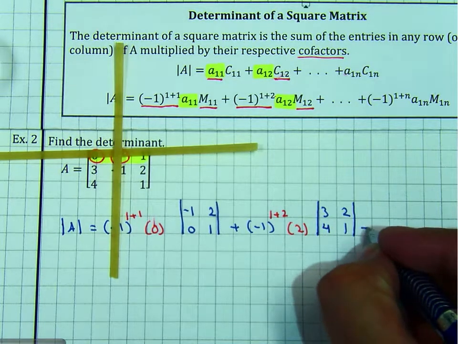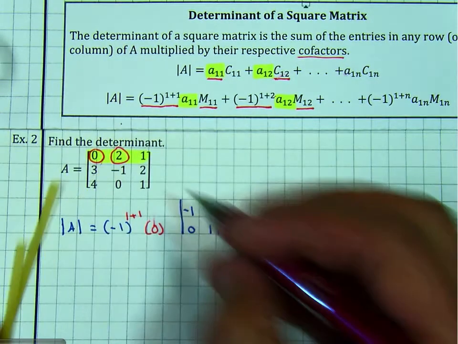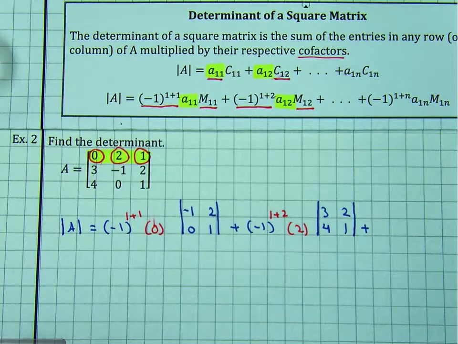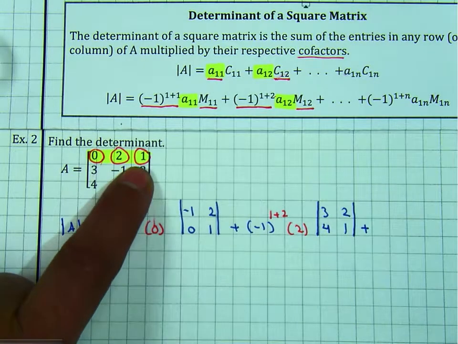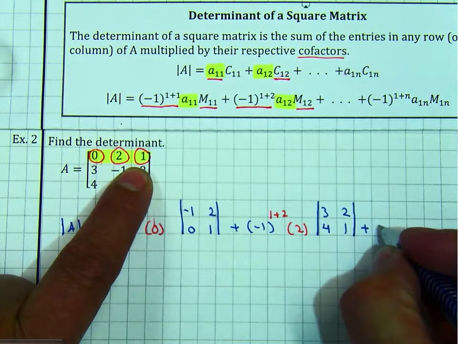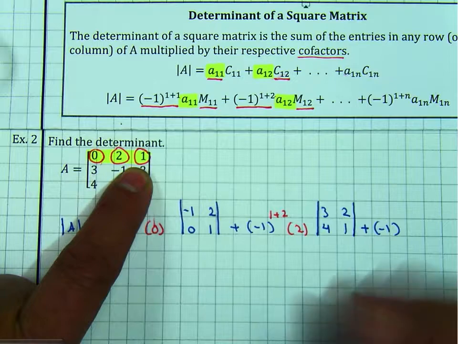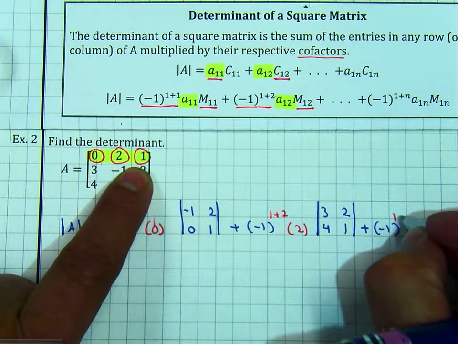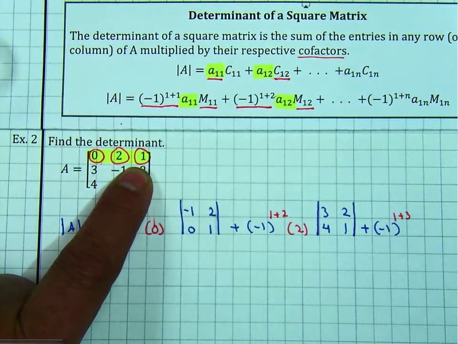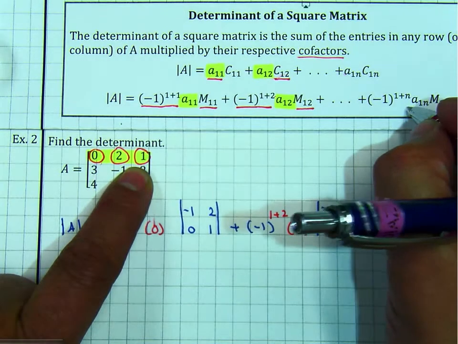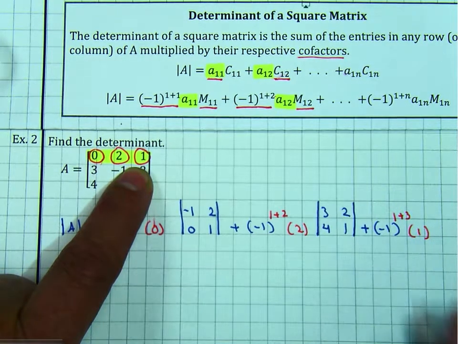And now we're going to go through the next, which is just the 1. The 1 is going to be -1, and it'll be the first row and the third column. Then the number itself, which is 1.